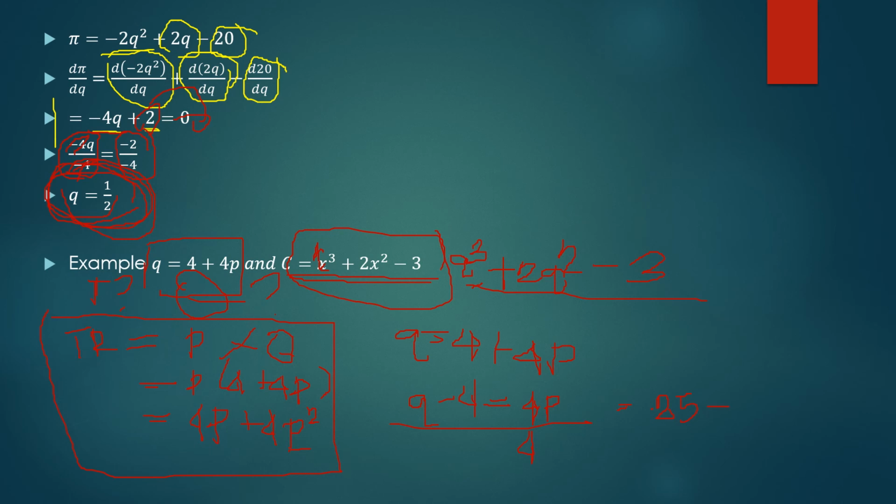Oh, sorry, there is a Q here. 0.25Q minus 1 is equivalent to the P function. So that is the P.